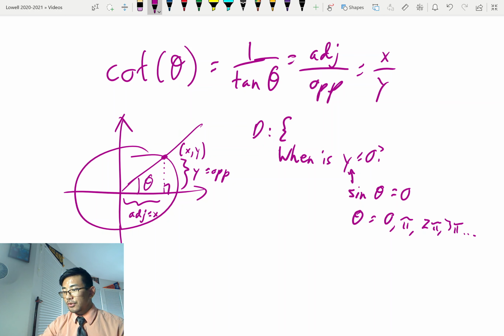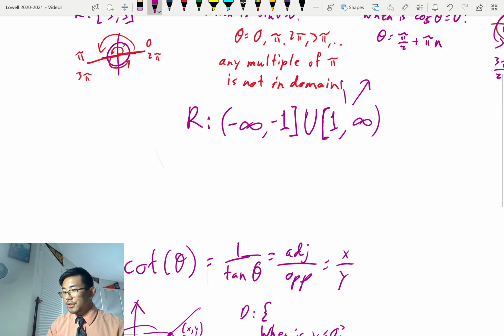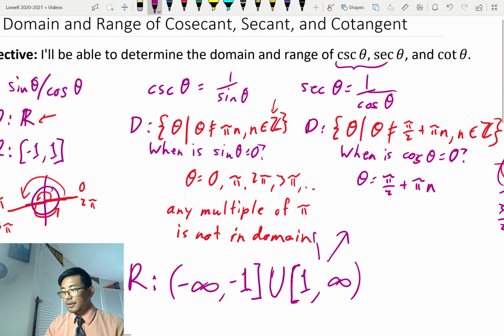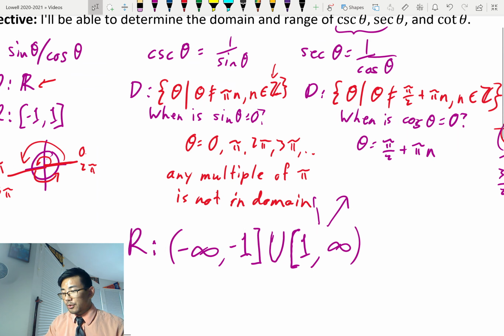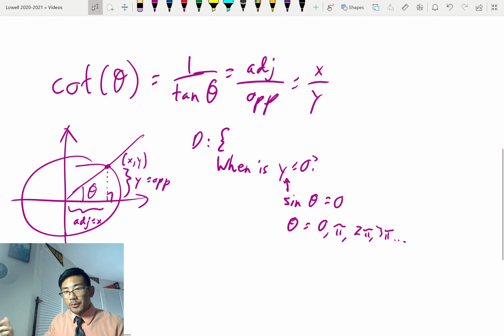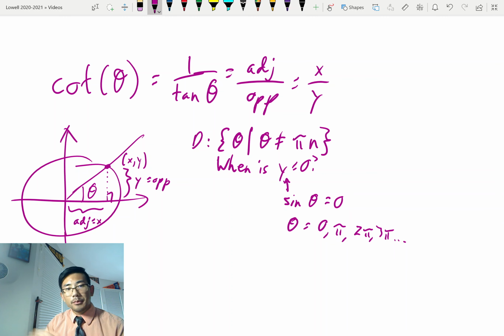Just like cosecant, the domain of cotangent is any number other than those multiples of pi. Theta is not equal to any integer multiple of pi.